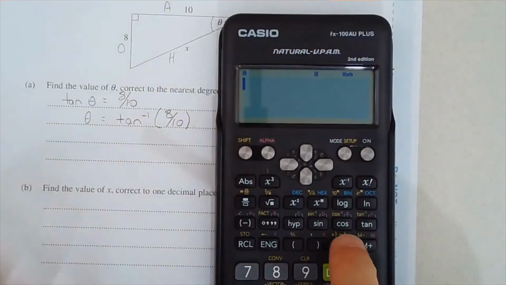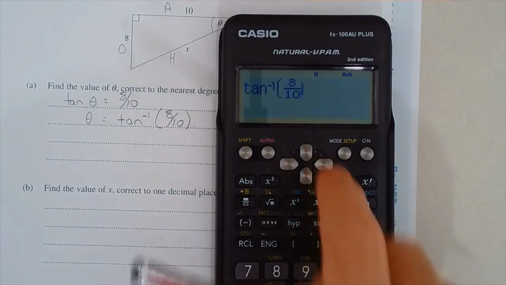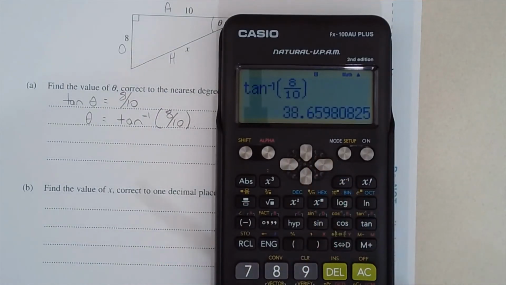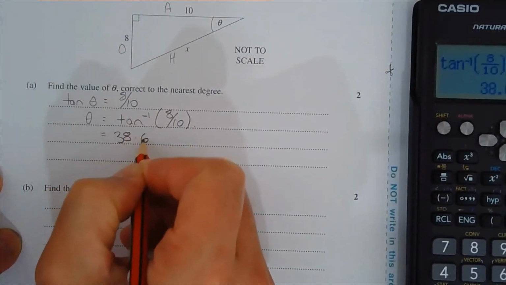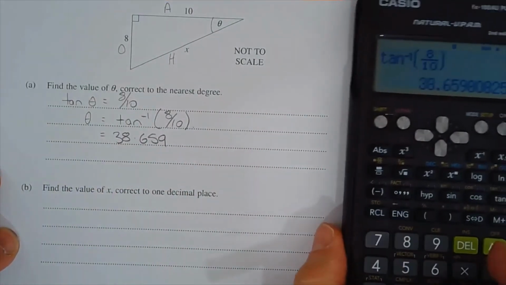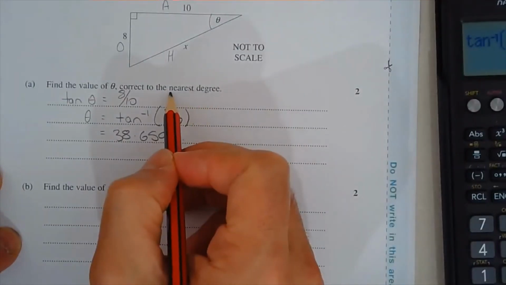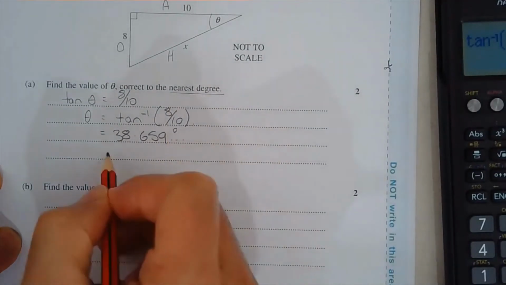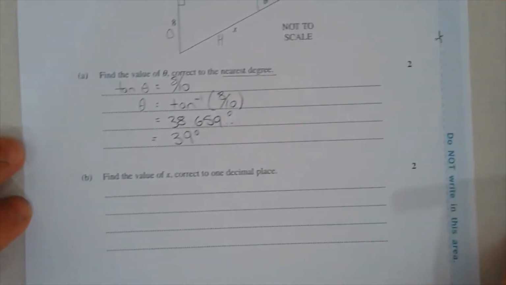Shift tan, 8 over 10. And we get 38.659, but we need the answer to the nearest degree. So that'll be 39 degrees to the nearest degree.